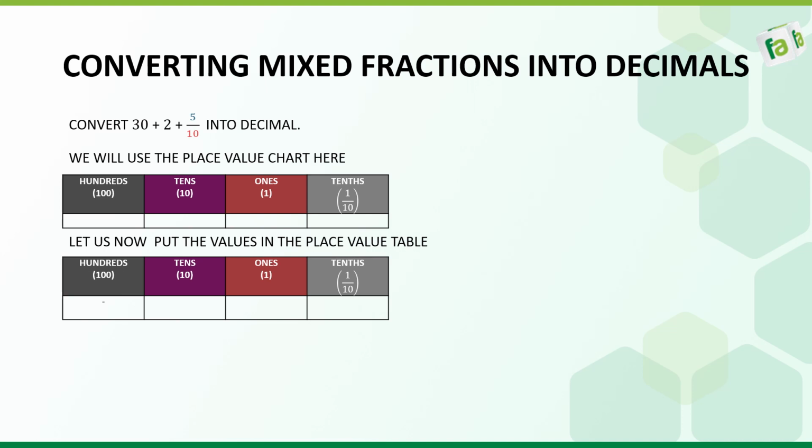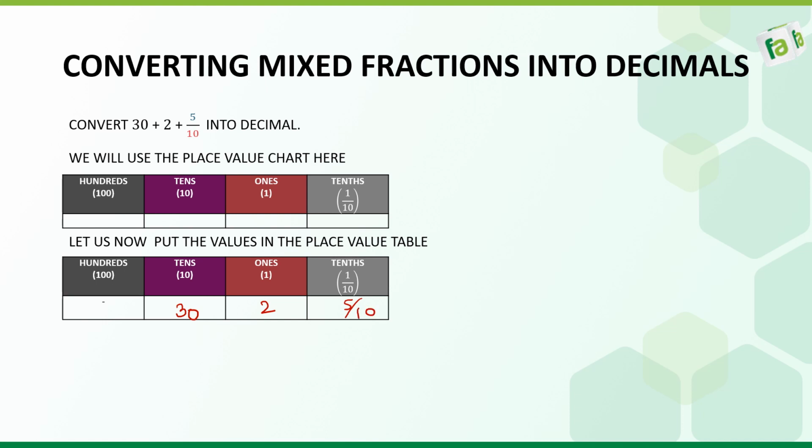Now check your answer with mine. Under which column will we put 30? Yes, we will put that under the tens column. Likewise, we will put 2 under ones column and 5 by 10 under tenths column.